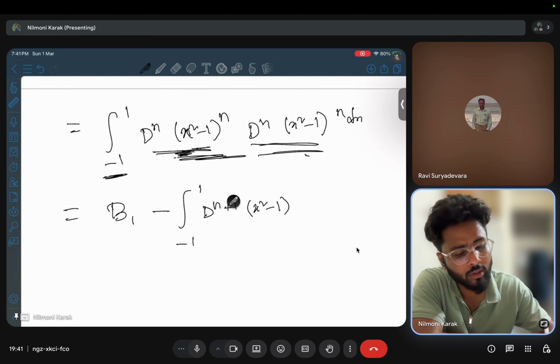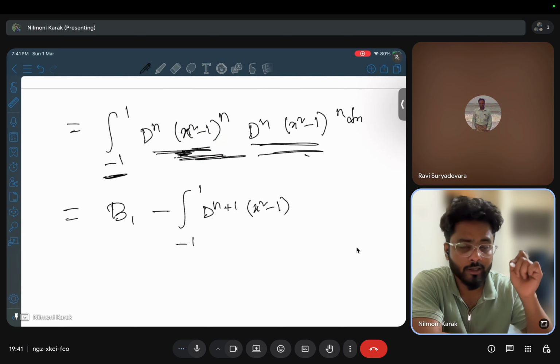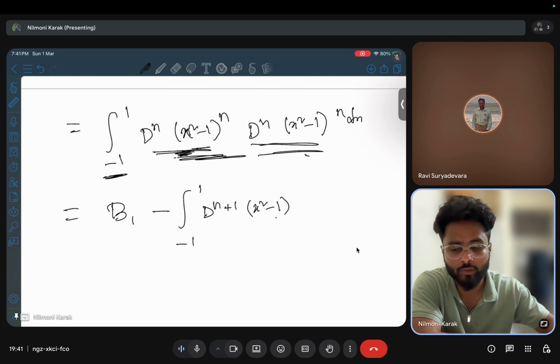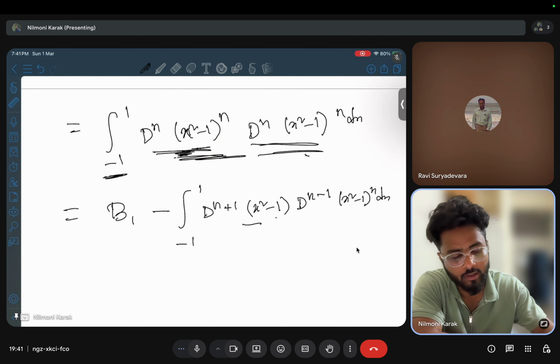You are differentiating the first function, so minus the integral of the derivative of the first function times the integral of the second, which is d^(n minus 1) (x square minus 1)^n dx.